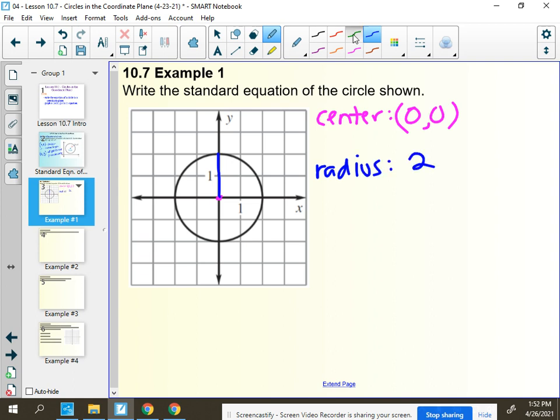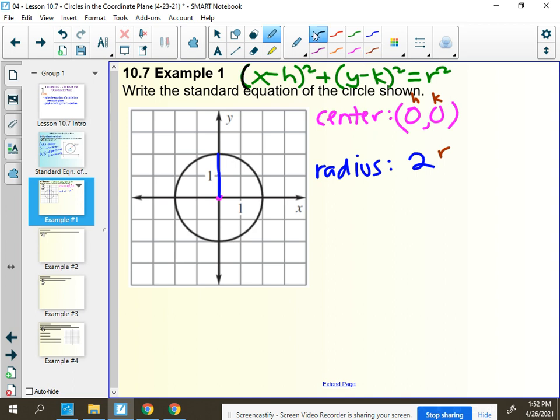I'll put the formula up here so we can get used to it. x minus h squared plus y minus k squared equals r squared. But basically at this point, it's a matter of just getting everything where it goes. For our center, we said that was point h, k. We're going to use that for h and k. We'll use this for r. Let's fill it in left to right.